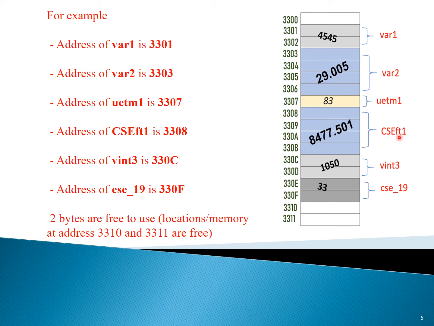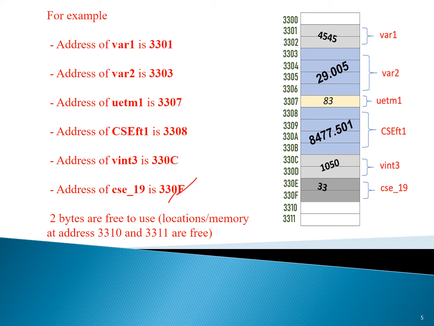The address of this variable, it is a float variable, is 3308. Similarly, for VN3, an integer variable, the address of the first byte is 330C. So this is the address of the variable. The address of CSE underscore 19 is 330E. So this is wrong, we need to correct this.